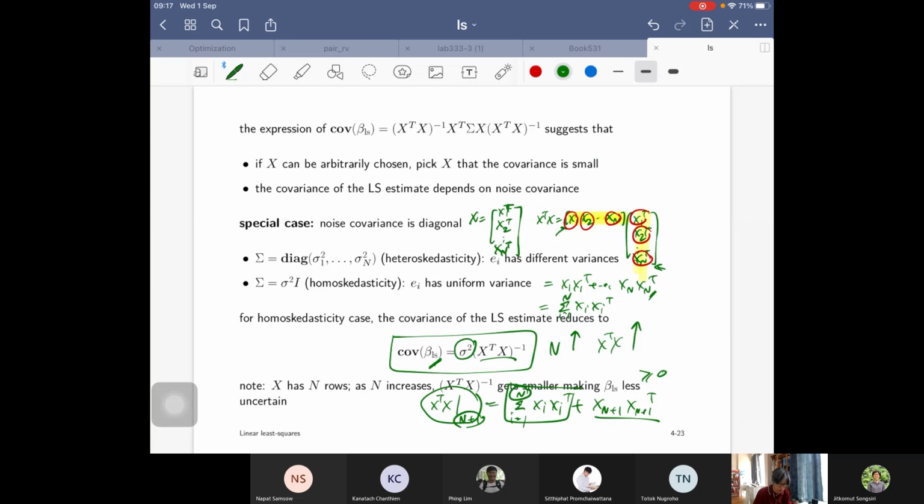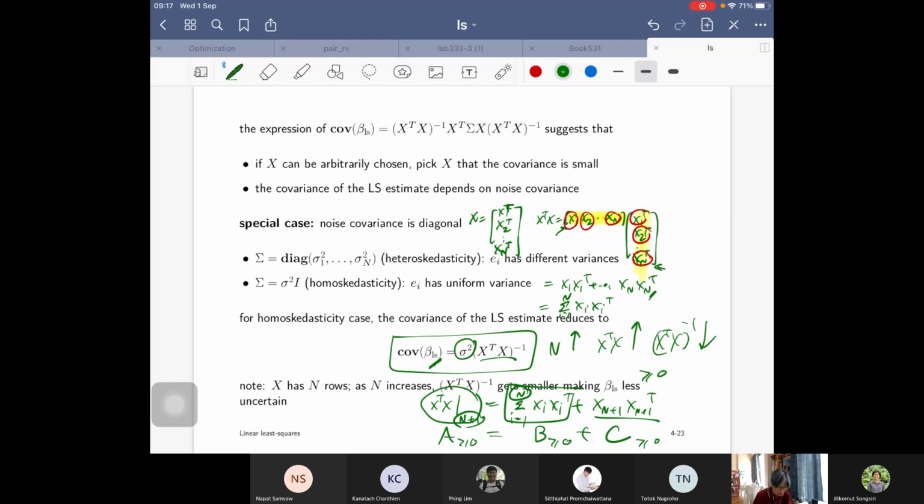Okay, the inverse is going to be less. Maybe I should explain this. A equals B plus C. All of them are positive definite matrices, right? Clearly from the expression.